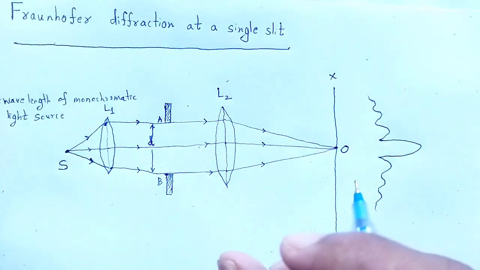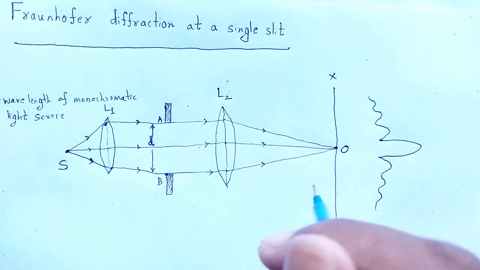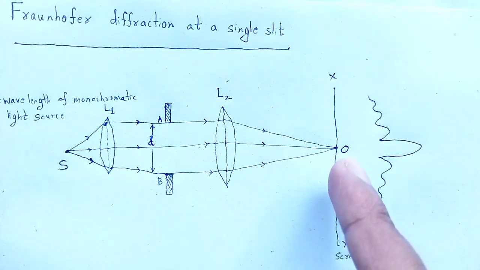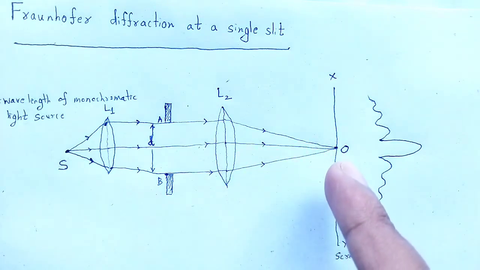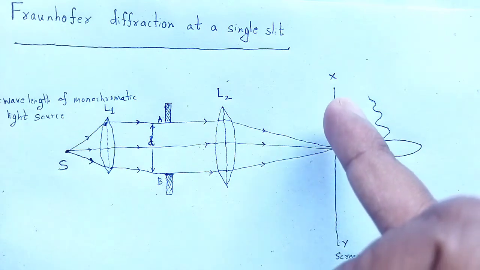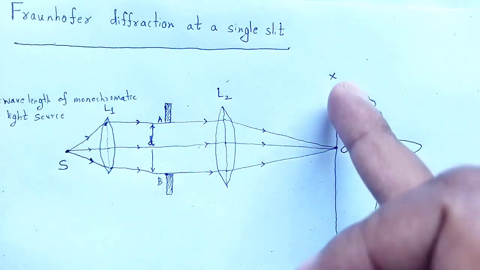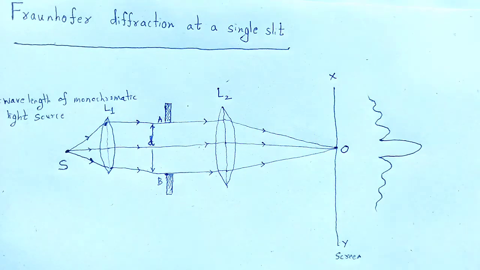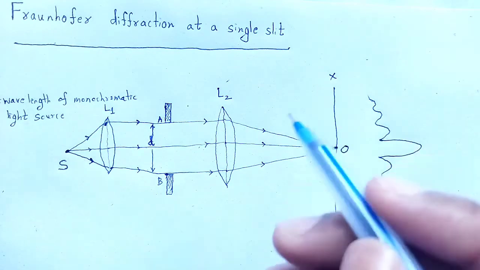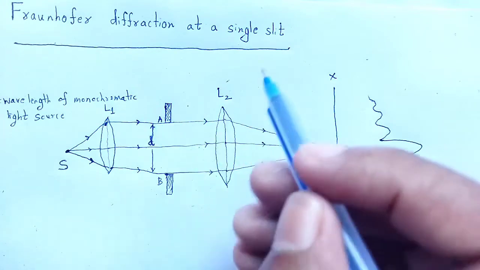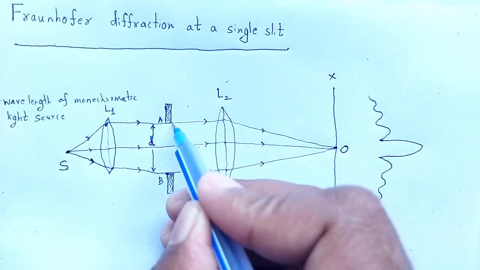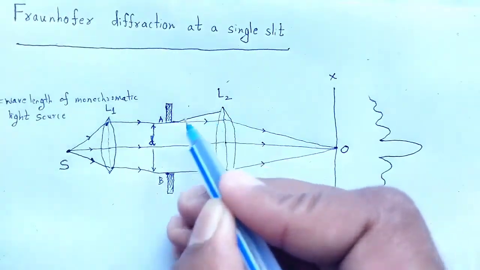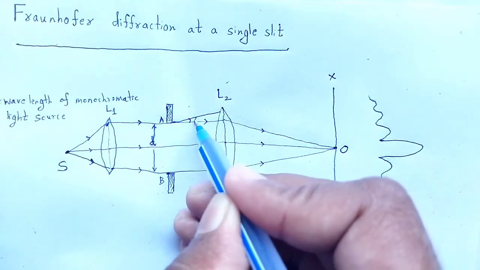Let us mathematically understand the position of the central bright fringe and the exact cause of that diffraction. Now, why do we observe that type of diffraction pattern on the screen? Here the light wave is diffracted at an angle theta.